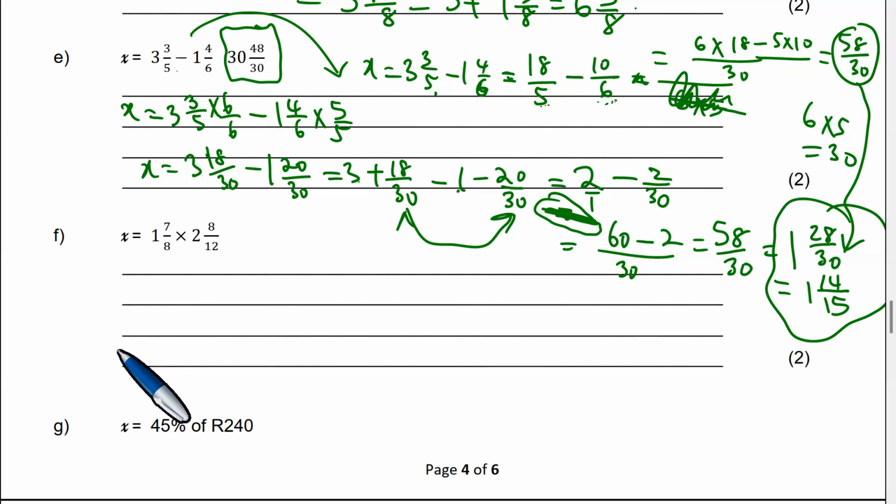And then give me the answer to F. It says 2 and 105 over 56.